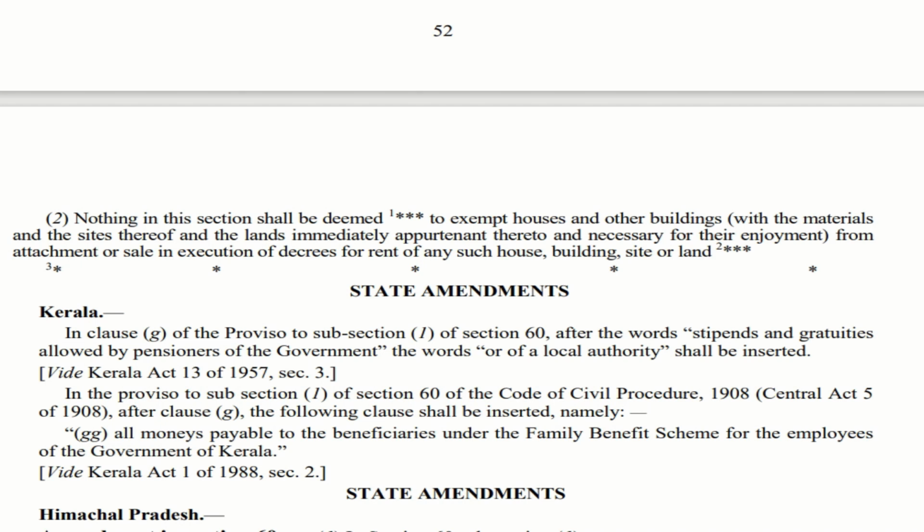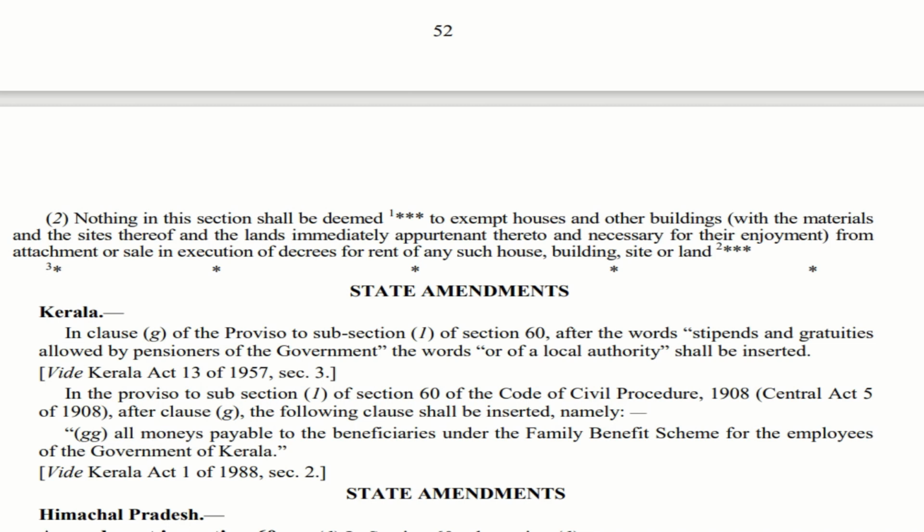If I am filing a case against a person who is occupying my house for rent, and he's not paying me the rent, the court will ask me to attach the house and other buildings appurtenant thereto. In that case, this particular section will not apply.